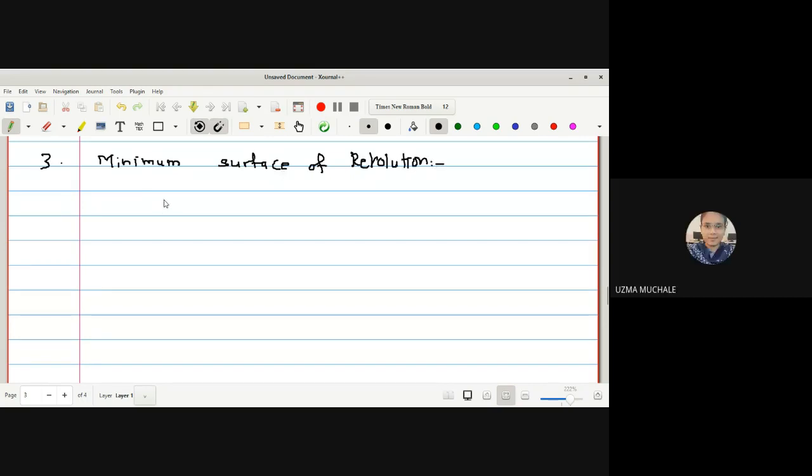Minimum surface of revolution. Now we want to show that the curve is a catenary for which the area of a surface of revolution is minimum.